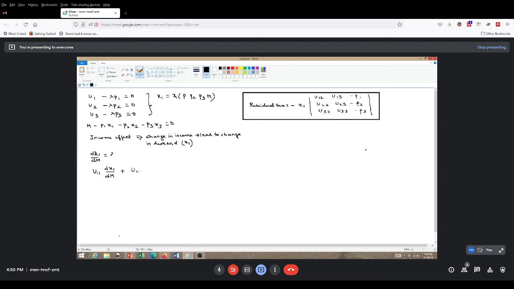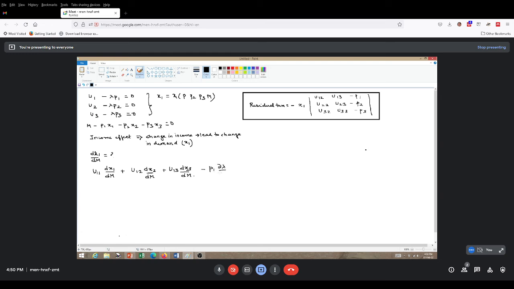So similarly, we can find out u13 dx3 by dm. Okay, so now we have lambda p1. Now lambda is also a variable.